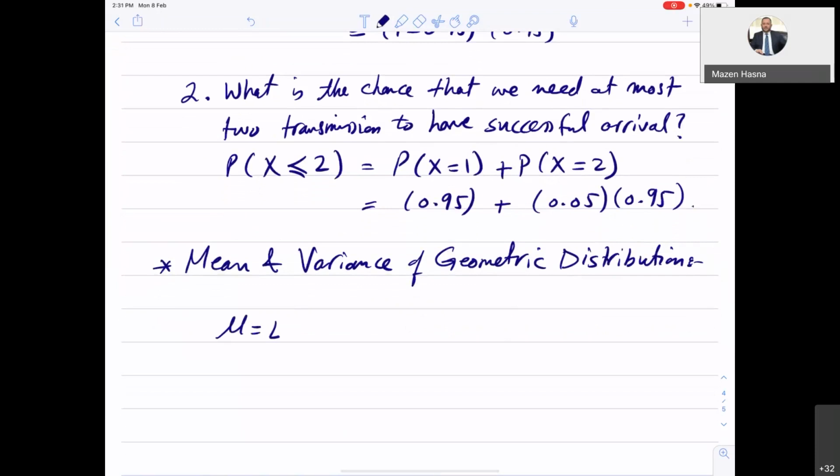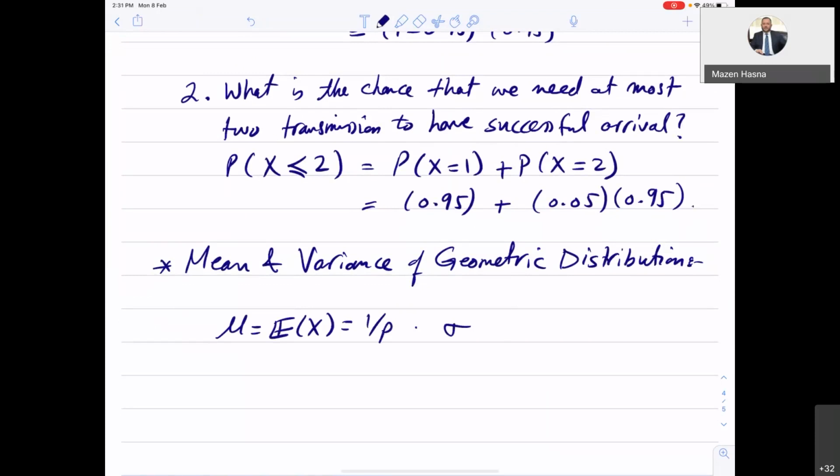You know that mu, which is the expected value of X, is just given by 1 over p, as expected. So if the probability to get ahead is 50%, 0.5, then on average you need two flips, 1 over 0.5, which is 2, to get ahead, right?